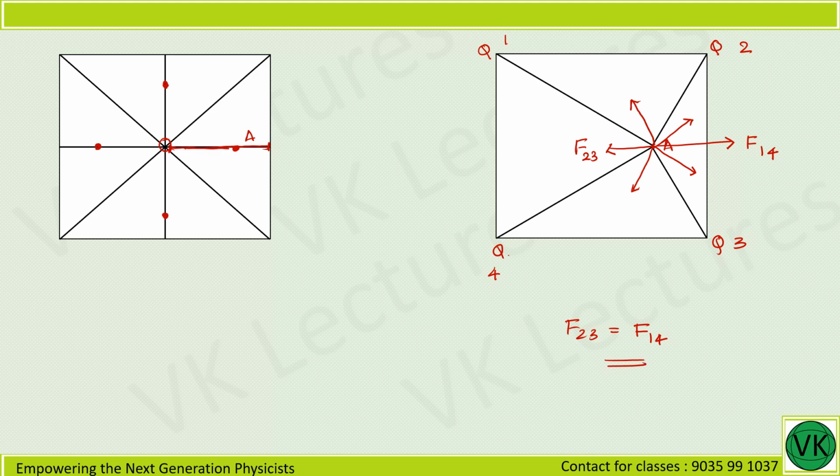So this point will be along this direction as well as this direction, as well as this direction and this direction. That means, if this is called center O, and the vertices P Q R S, then along OS, OP, OQ and OR, there is a point such that F23 will be equal to F14.